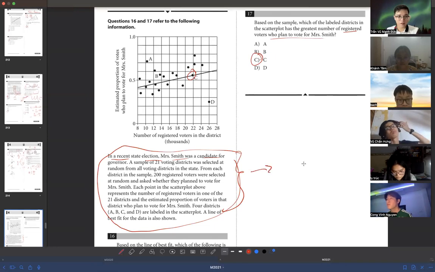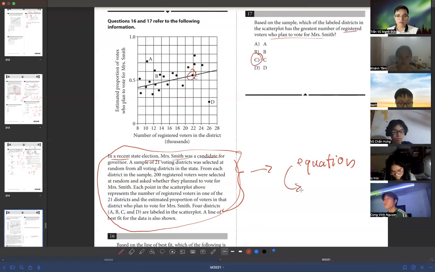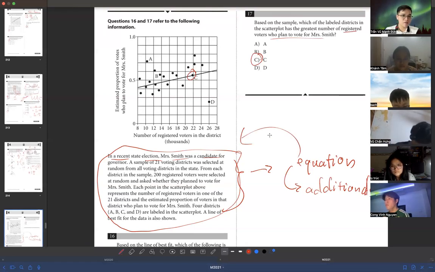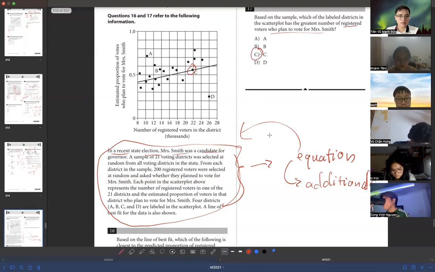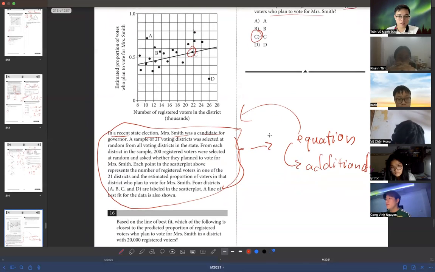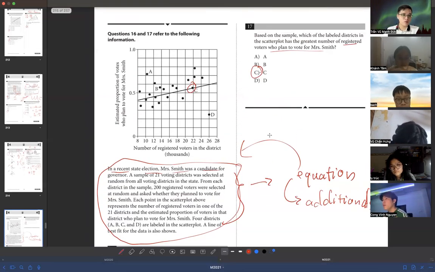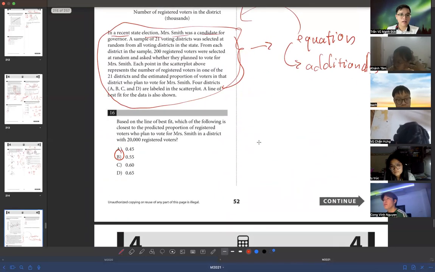If they are providing, firstly, the equation, secondly, some additional values, only then would you read this paragraph, because as you can see, it can be very confusing at first if you encounter this head first. So I'm suggesting that when you encounter a paired question, you start off with the actual prompt instead of reading the context. This is what I would call a context, and this is a prompt.